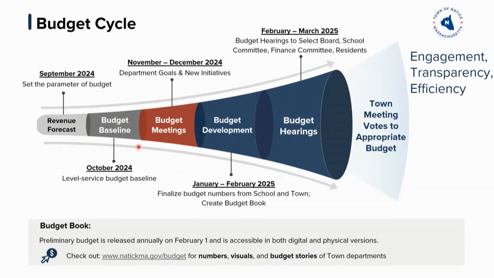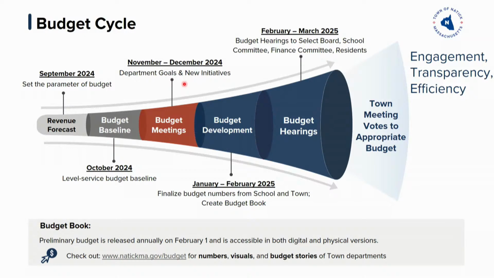Towards the end of October, or hopefully mid-October this time around, we will open up the files to the department heads. We use a software called ClearGov, which provides online access to the department heads for their budgets, as well as the finance committee when they're reviewing the budgets, to take a look at the numbers for each departmental budget.